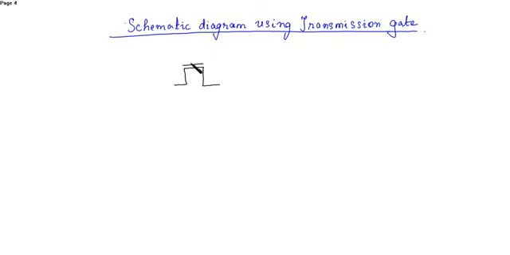We'll use 2 transmission gates. So this is transmission gate 1, then we'll have another transmission gate, this is transmission gate 2.